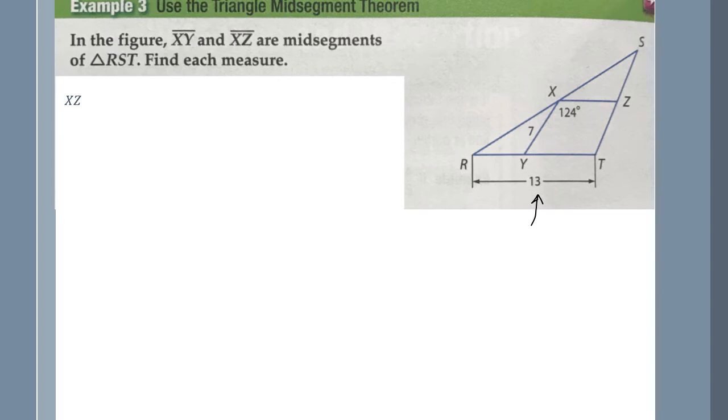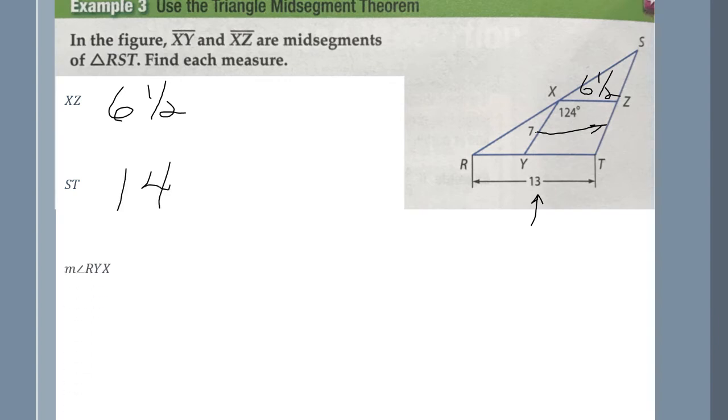So this is going to be 6.5, right? So the segment ST, if this is 7, well, that's got to be 1/2 of the whole thing. So XE, by the way, is 6.5. We'll put that there. So ST then would be double that. So that would be 14.